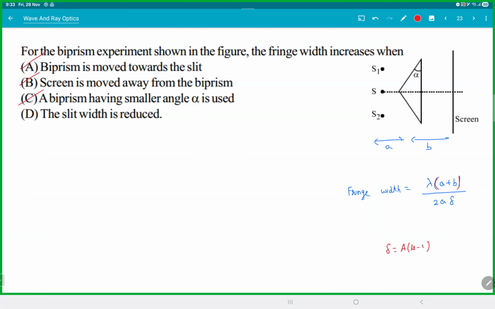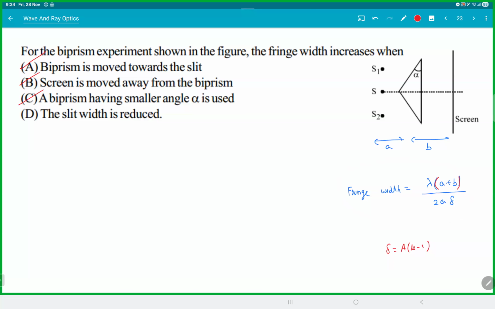Then the slit width is reduced. Slit width, where is the slit here? There's nothing like a slit width, right? I think he's trying to say there's a bigger light source. It won't matter. Clear with this? The fringe width, if you see, is independent of intensity. Slit width will affect your intensity, isn't it?